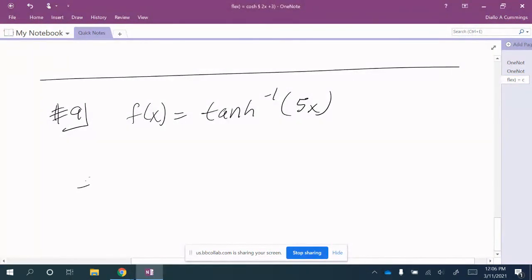And we're asked to find the derivative. All right, so keep in mind, we have a formula for the derivative for the inverse hyperbolic tangent of u, not for the inverse hyperbolic tangent of 5x. So here again, we're going to use the chain rule. We're going to take the derivative for the outermost function times the derivative for the innermost function.